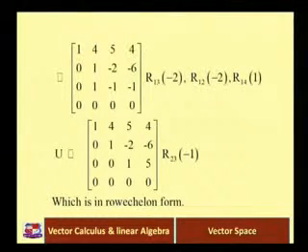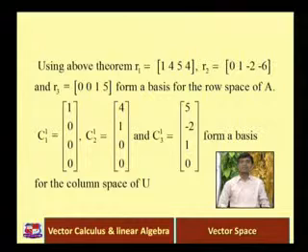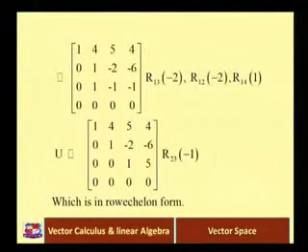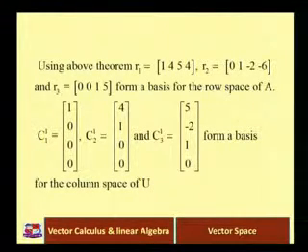So those 3 column vectors form a basis for the column space of U. Call them C1', C2' and C3': 1 0 0 0 is the first column, 4 1 0 0 is the second column, and 5 -2 1 0 is the third column. These 3 column vectors form a basis for the column space of U.